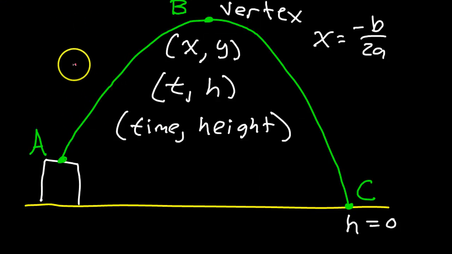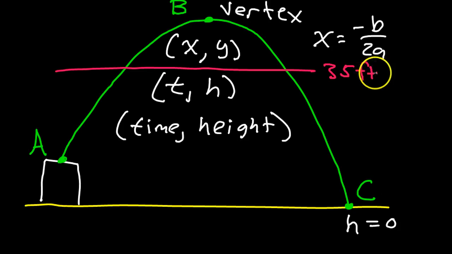So let's say that this was a height of 35 feet right here. The balloon is going to reach a height of 35 feet twice. It's going to reach it once on the way up, and then it's going to reach it again on the way down. So that's why we're getting 2 different times.